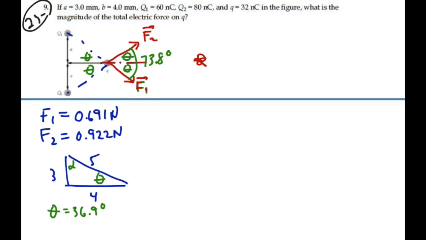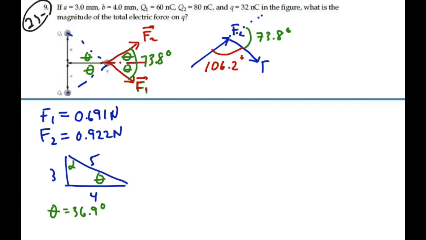Now if we were to add these two vectors together, say if we had an F1 added to an F2, let's do this again. Here's F2, and then we add F1 to that in such a way that this angle right here is 73.8 degrees, and that means that the angle between these two vectors is 180 minus that, so that's going to be 106.2 degrees between F1 and F2.